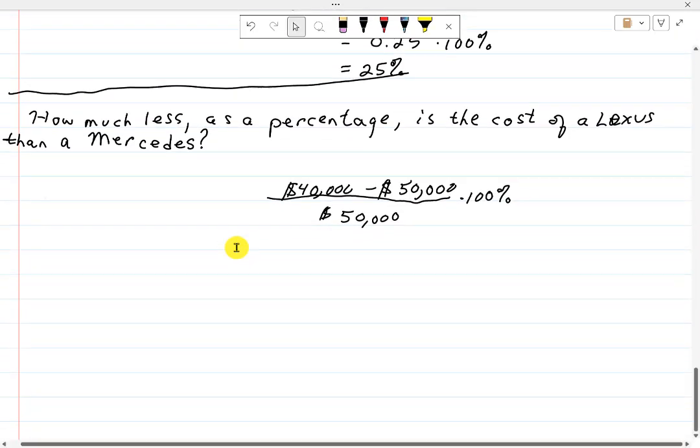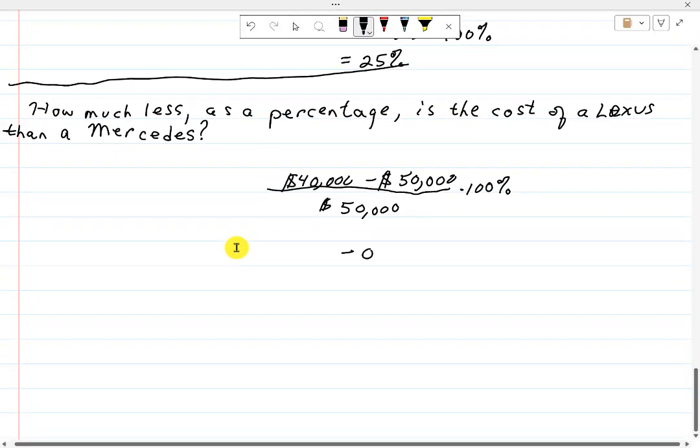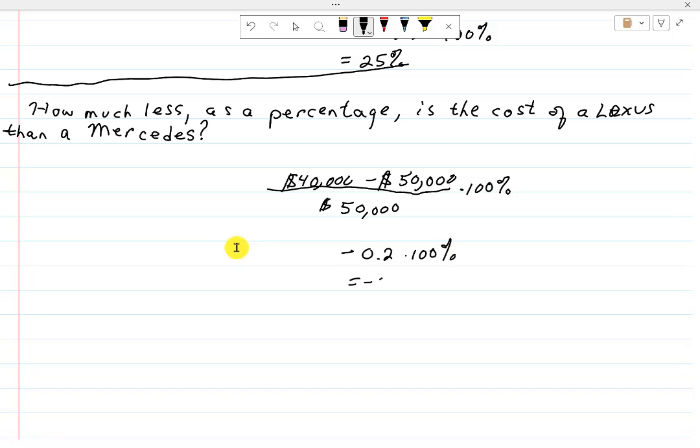So now when I do it, I'm going to end up with negative 0.2 times 100%, which is negative 20%. So the Lexus is 20% less than the Mercedes.